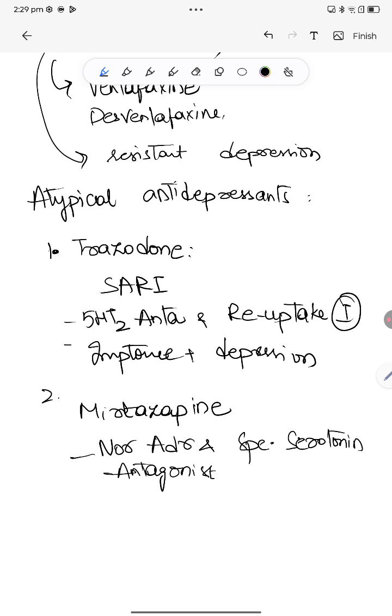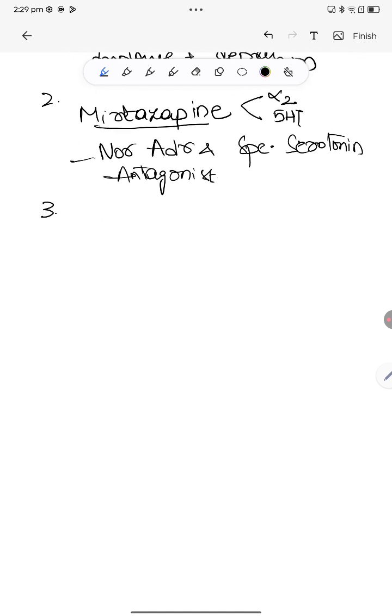What I mean by this is, mirtazapine primarily blocks alpha 2 as well as presynaptic 5-HT receptors, so that release will be increased. Then comes our third atypical antidepressant, bupropion, a norepinephrine and dopamine reuptake inhibitor.